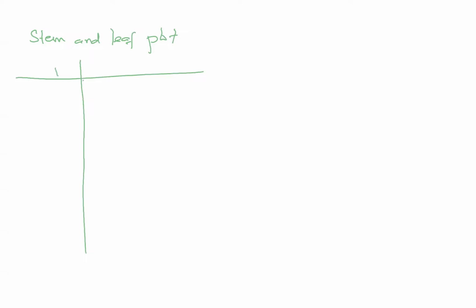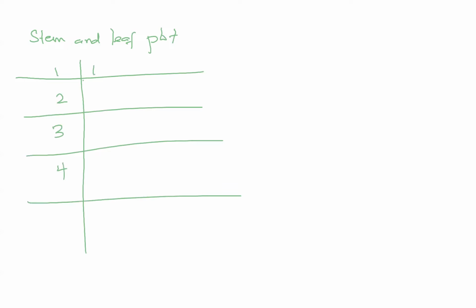If you look at the table that we have in our notes, we have a stem and leaf plot with a table like this. 1, 1, 3, 3, 6, 0, 0, 2, 3, 4.